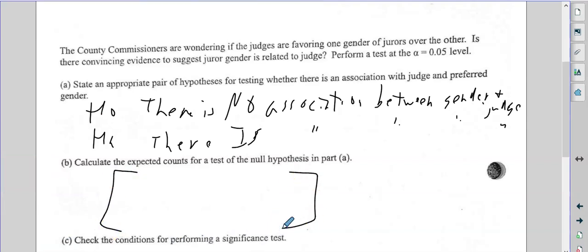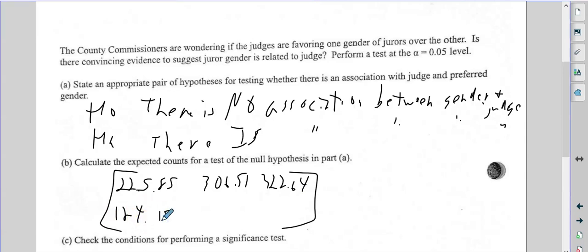And I'm going to put 225.85 and 306.51 and 322.64. Obviously, we cannot have a part of a person, but these are the mathematical expected numbers. 168.49, and 177.36.